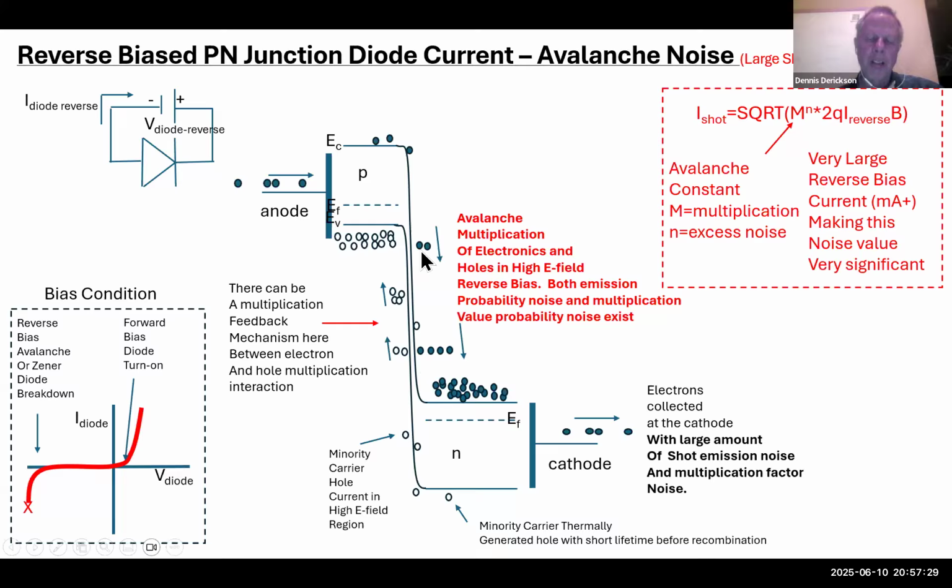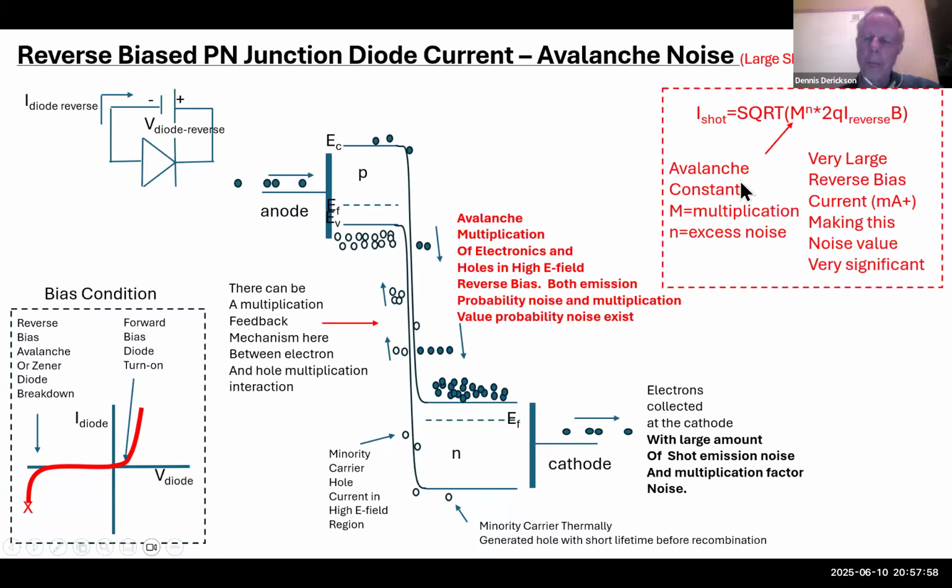But in addition to that, not every electron will go through a 4 times multiplication. Sometimes they'll go through a 2 times multiplication, sometimes 4 times, sometimes 8 times. So the gain of the multiplication is not always the same. And the feedback right here is going to cause the multiplication on the whole side to be highly variable. So we've got just a multiplication noise, and we've got this feedback excess noise.